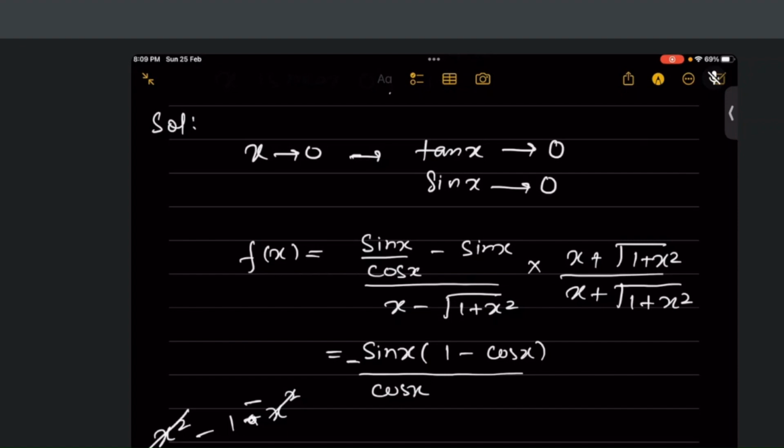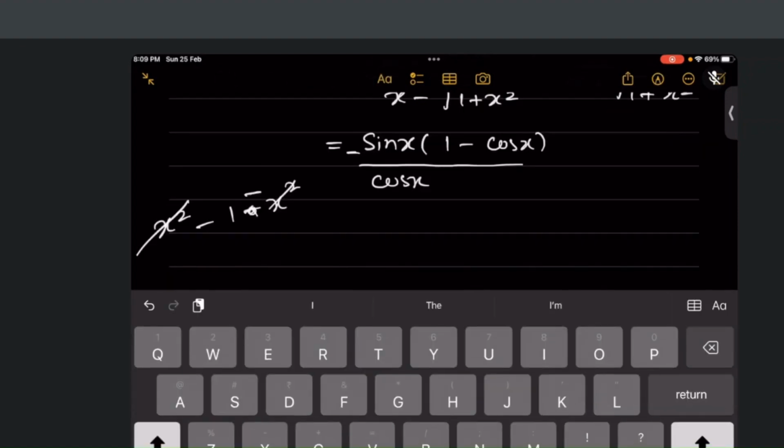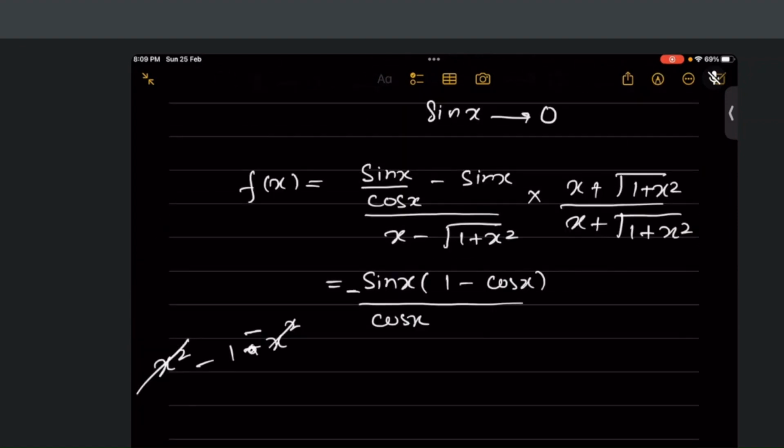In numerator, we will get something like x plus under root of 1 plus x square, correct? Now there is this problem 1 minus cos x. Again, we will multiply and divide with 1 plus cos x.